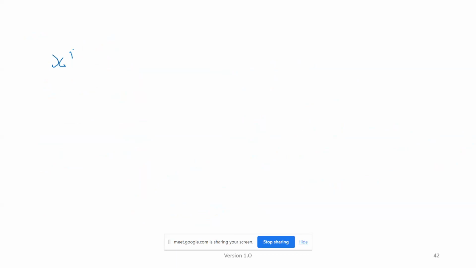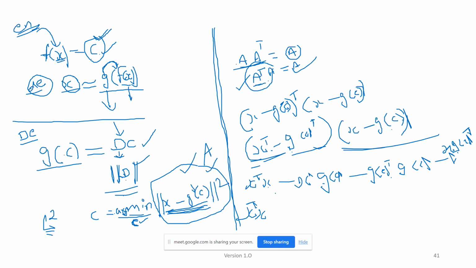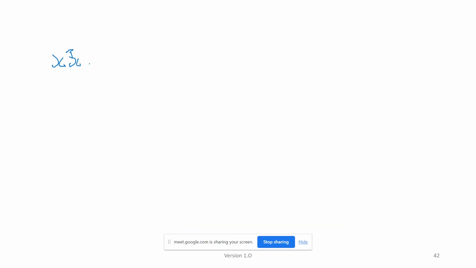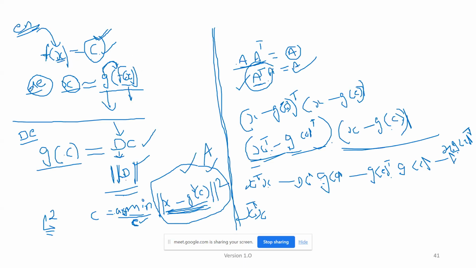X transpose into X minus X transpose into G of X. Here X is multiplied with matrix A, and we are multiplying this G transpose with X and GC, that means X into GC transpose, minus GC transpose into GC. That we are going to derive.